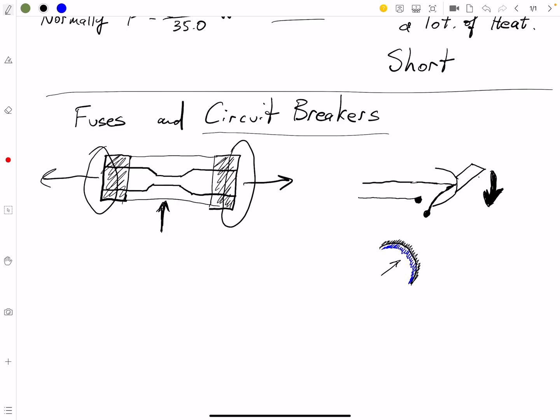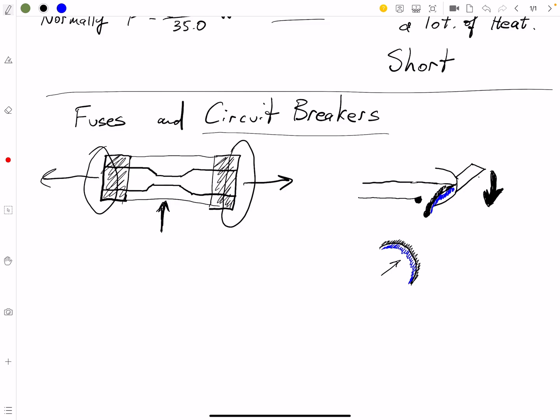So let me put the blue part in here. The blue side is here, and the black side would be here. Okay, and so then you just reset it. You just push this back up, and everything's fine, but you probably should fix your stuff.